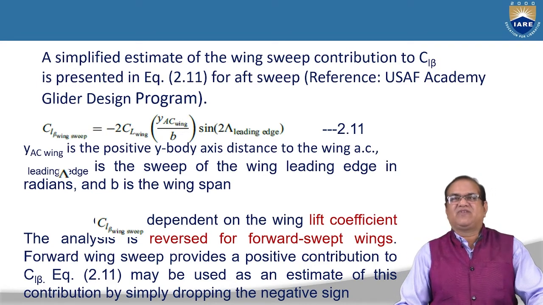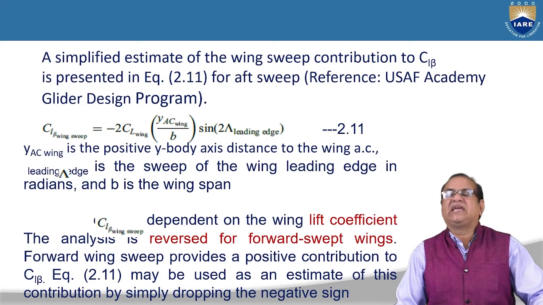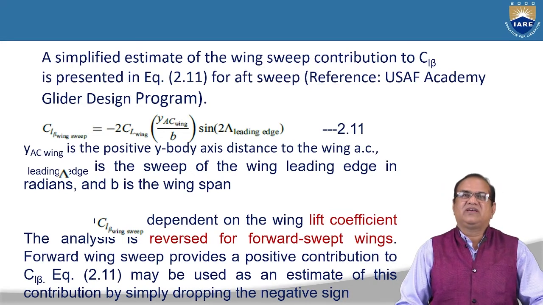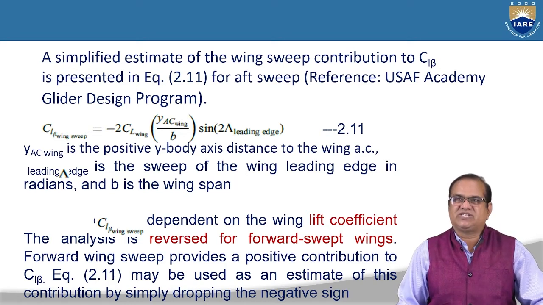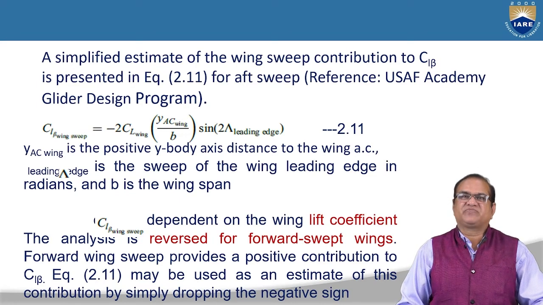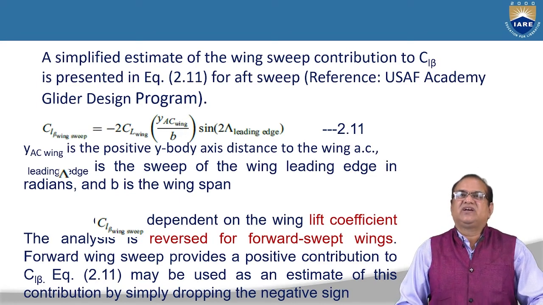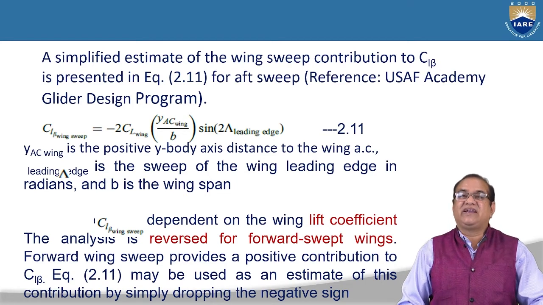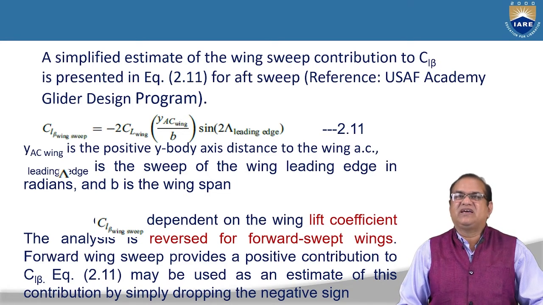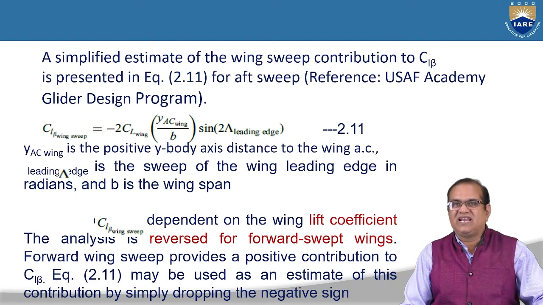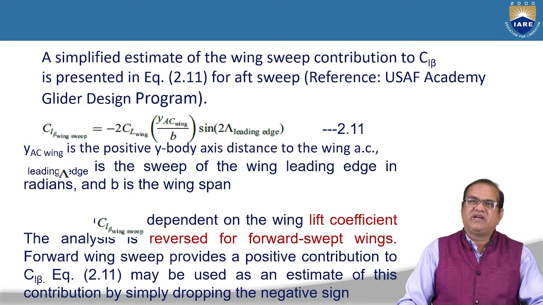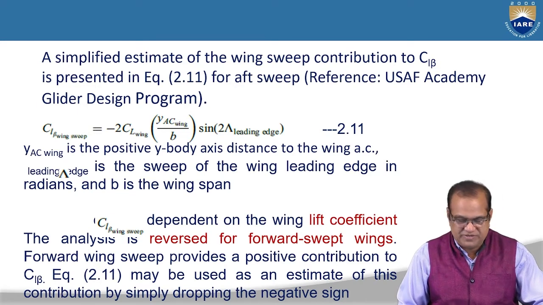Here Y AC wing is the positive Y body axis distance to the wing AC. The sweep angle of the wing leading edge is in radians, and B is the span of the wing.